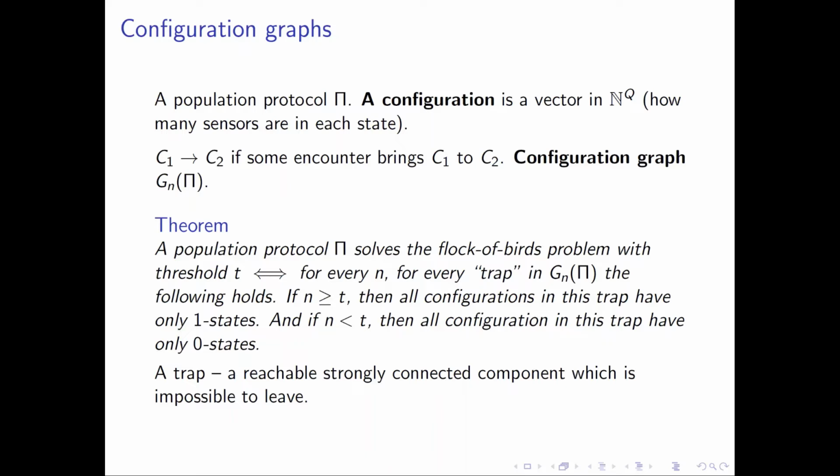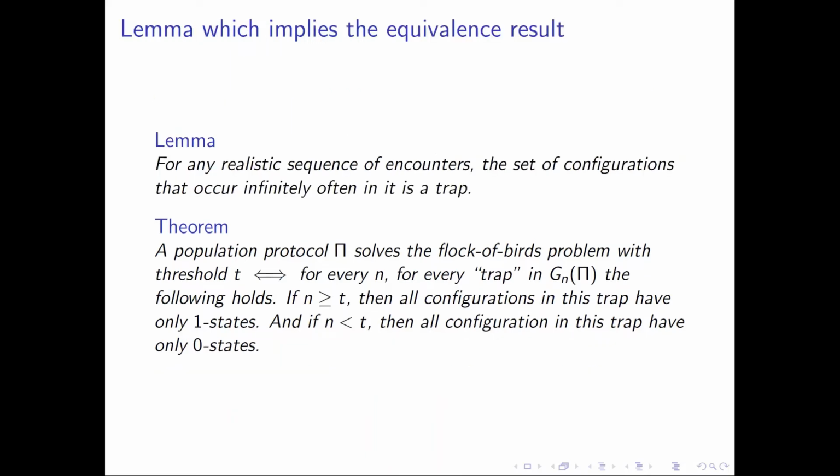So let's try to understand why these two definitions are equivalent. And this relies on the following lemma. It states that if I consider any infinite realistic sequence of encounters, then I can run my population protocol over it, and then I obtain an infinite sequence of configurations of my protocol.